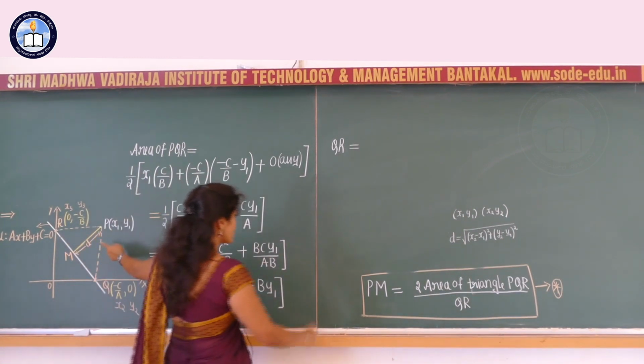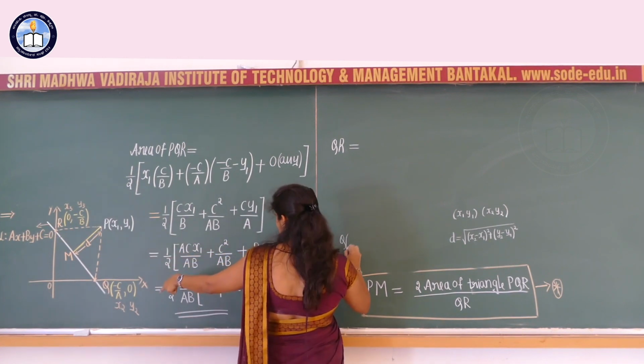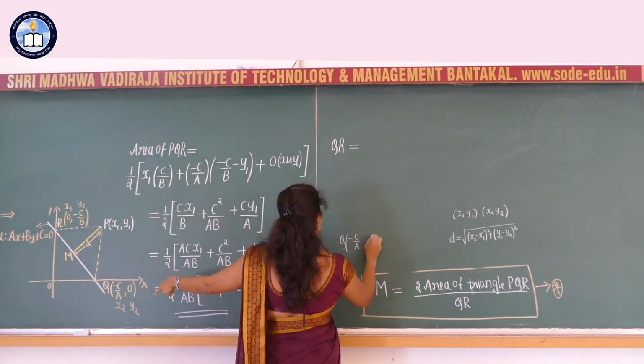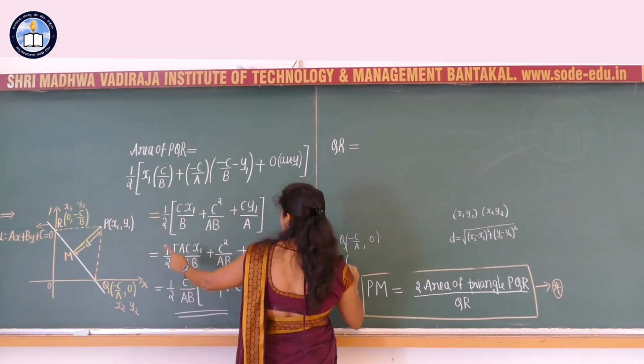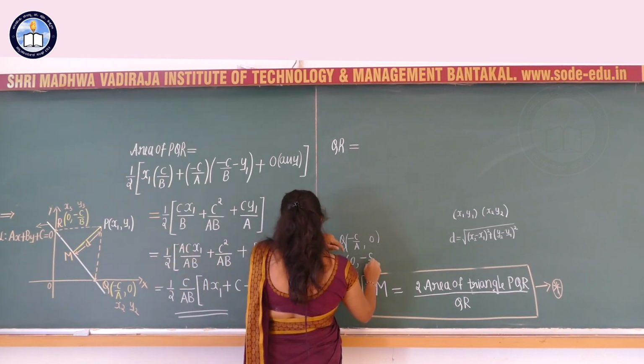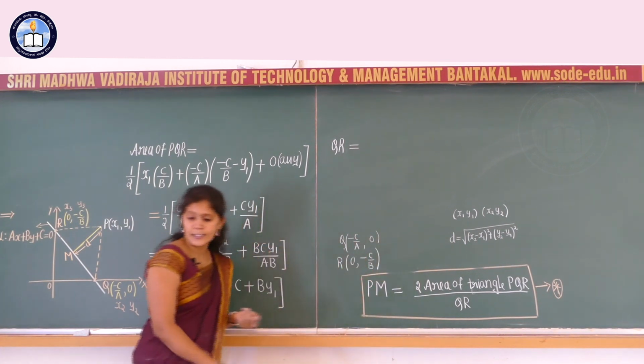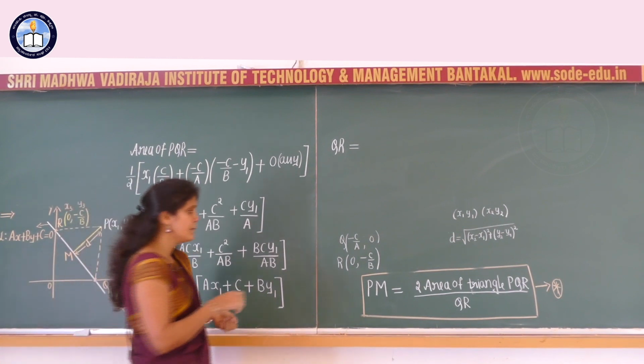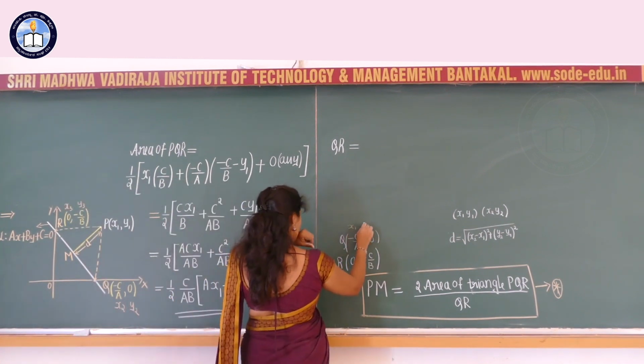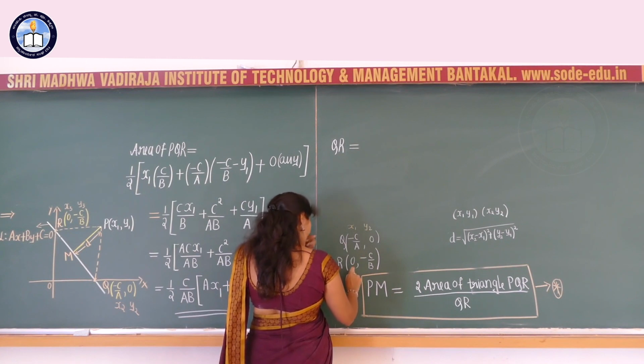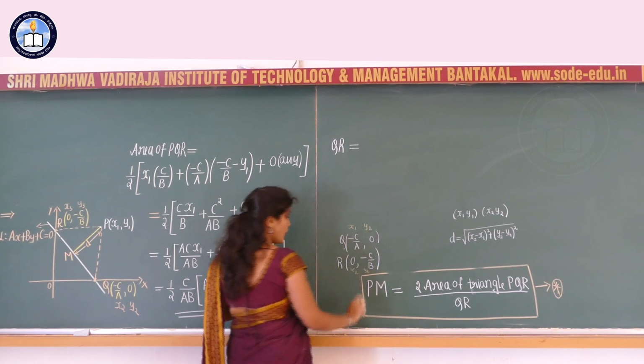We know the coordinates of the point Q. What are coordinates of the point Q? Minus c by a comma 0, and R is the point with the coordinates 0 comma minus c by b. Whichever point you consider as x1, y1, and the other point you can consider as x2 comma y2, and substitute in the distance formula, correct?